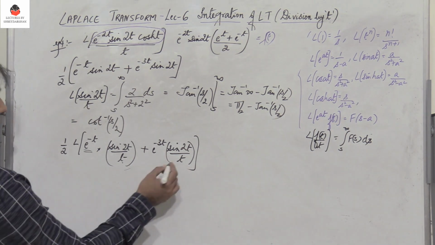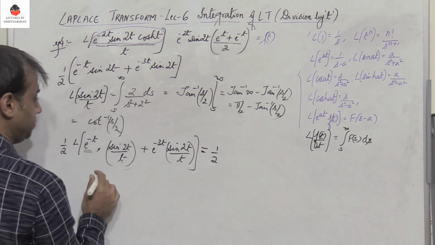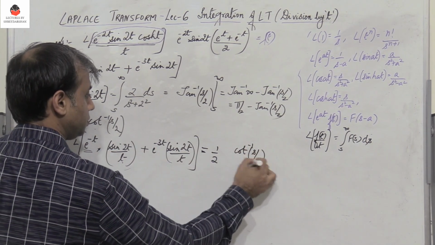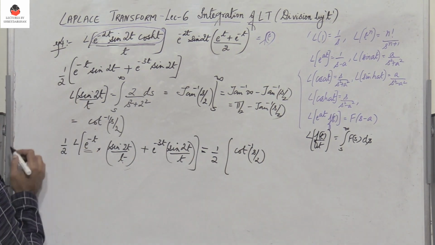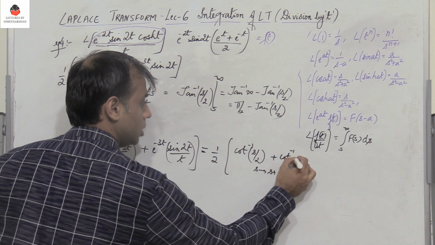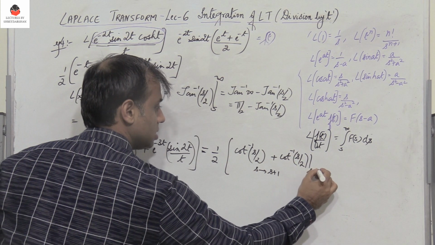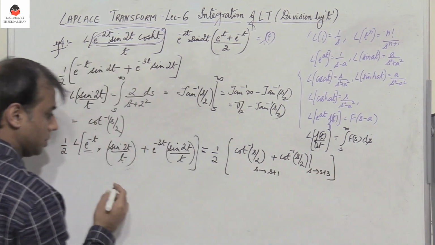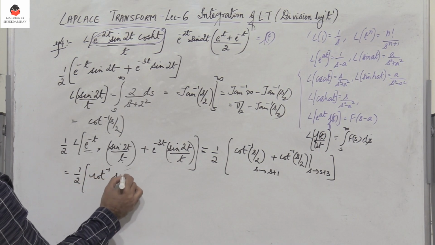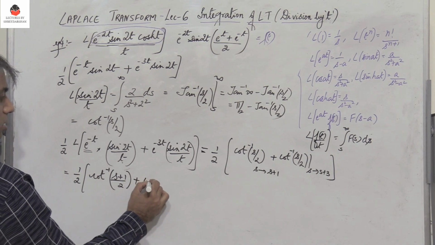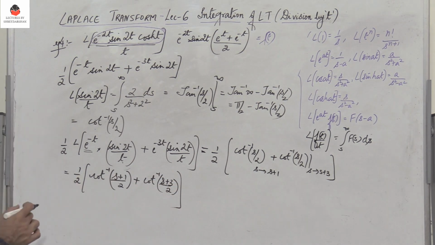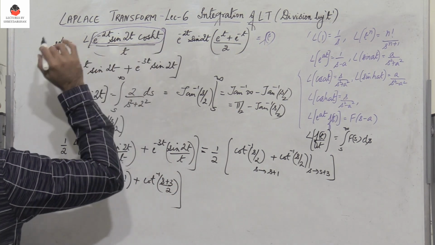Here in this case we have 1 by 2, right? So you have cot inverse s by 2. For the first case a is minus 1, so you're going to replace s by s plus 1, plus cot inverse s by 2, replace s by s plus 3. So we get 1 by 2 cot inverse s plus 1 by 2 plus cot inverse s plus 3 by 2. So this is the Laplace transform of this entire expression, right?